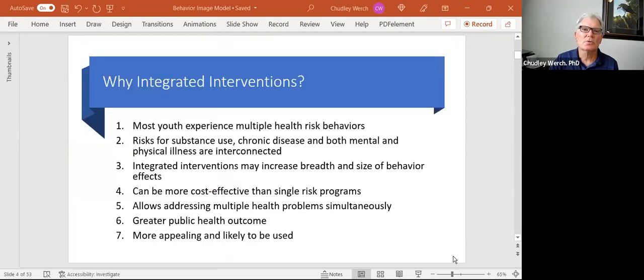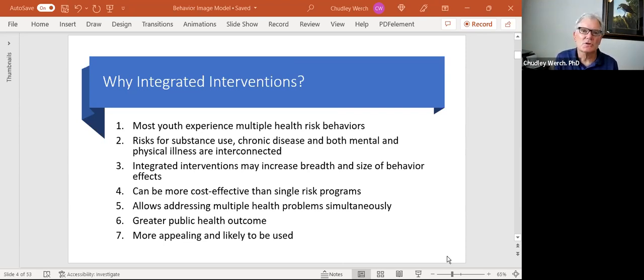Now, why is it important to have integrated interventions? Number 1, most youth experience multiple health risks, not just substance use, and multiple substances, as you know: e-cigarettes and marijuana, obviously underage alcohol use, opioids, etc., but also a risk for chronic disease and mental health problems, not enough sleep, poor nutrition, inadequate physical activity, etc. So all these things are going on at the same time.